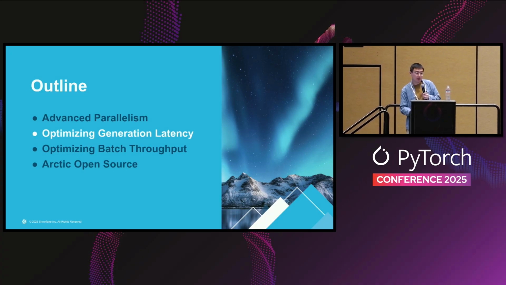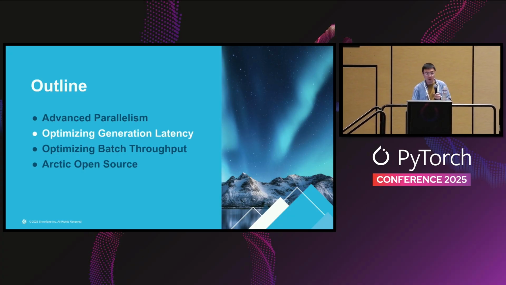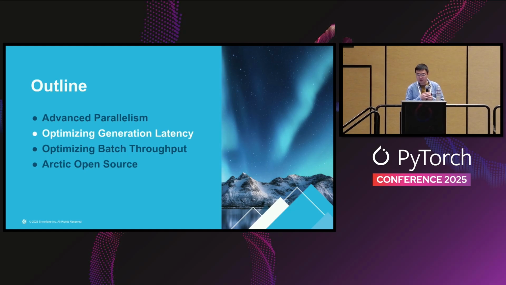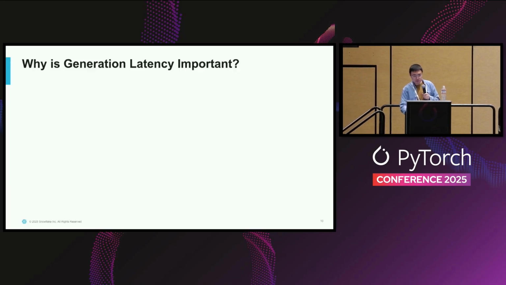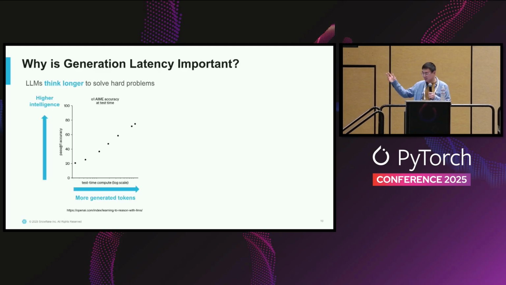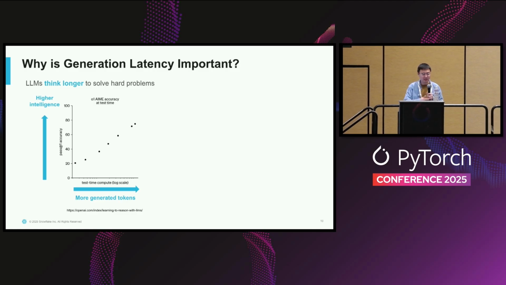OK, so maybe next let's talk a little bit about what Arctic Inference does to improve generation latency even further. First, why is generation latency important? Recent LLMs, like the reasoning models, tend to think a lot longer to answer hard problems.